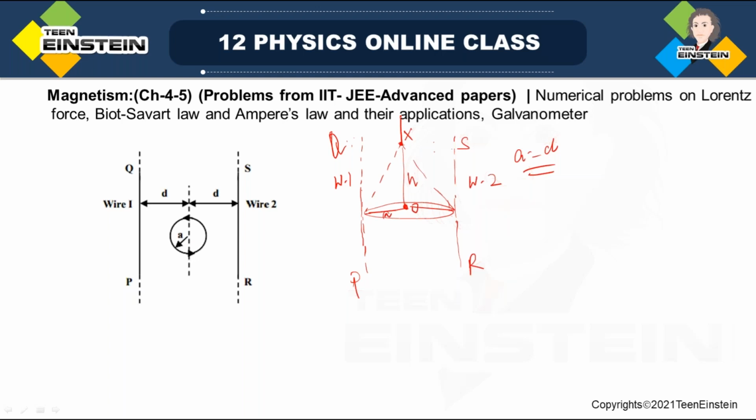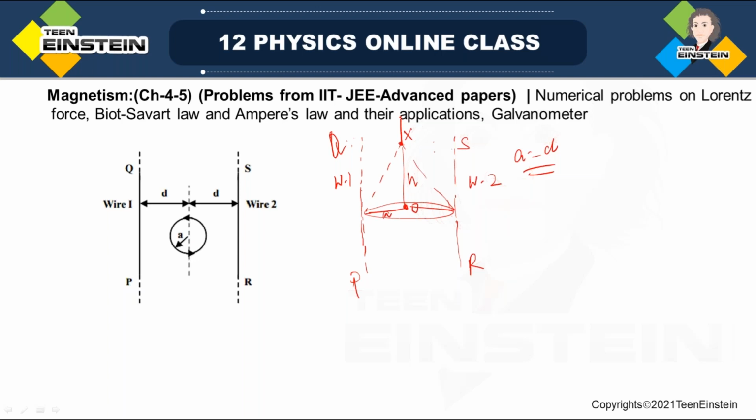Now, according to the question, at this particular point, net magnetic field will be zero only when the resultant of these two magnetic fields will be exactly equal to the resultant of the magnetic field produced by the ring.